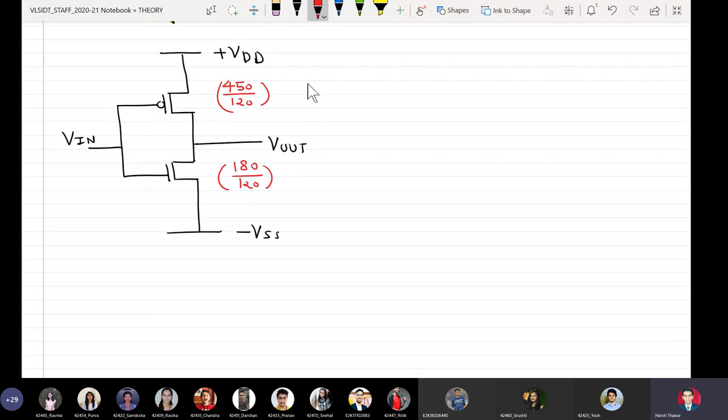Very important thing. See now, what are the sizes? Now you can actually do reverse engineering and find out, have we followed the concept of device sizing? So 450 upon 120, that is Wp by Lp equal to P. It is now equal to 3.75. 180 by 120 is Wn by Ln, N, which is equal to 1.5.